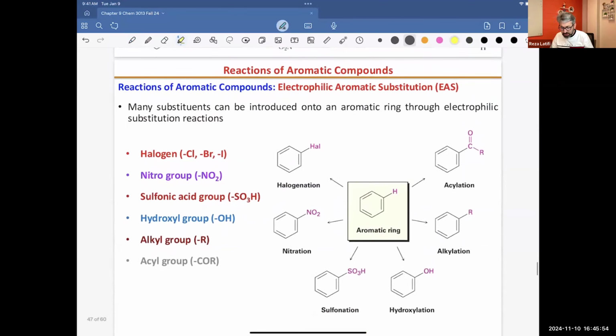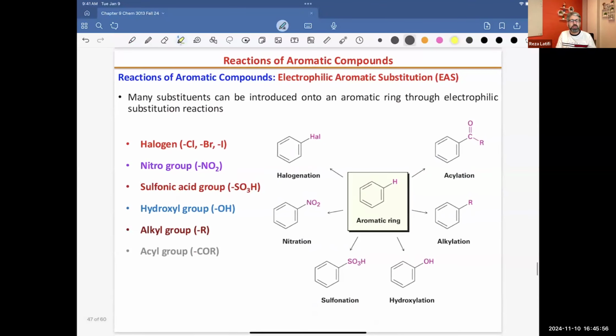Now, I want to list some common reactions for the benzene molecule. As you see, we can take a hydrogen on the benzene molecule and replace it by a halide. In that case, we say we are dealing with halogenation. If you replace it with NO2, it is nitration; with SO3H, it will be sulfonation.